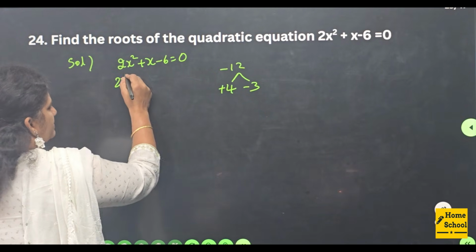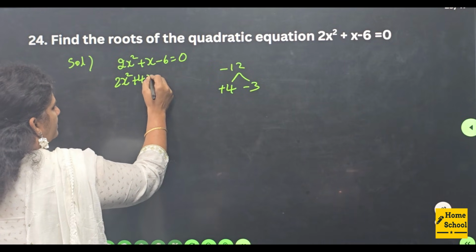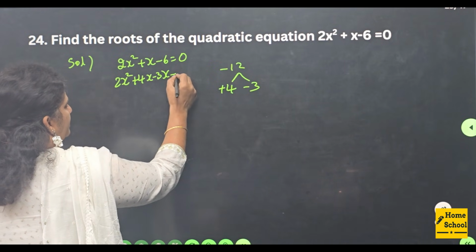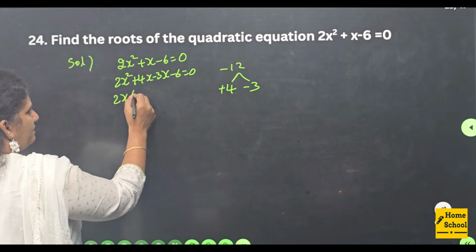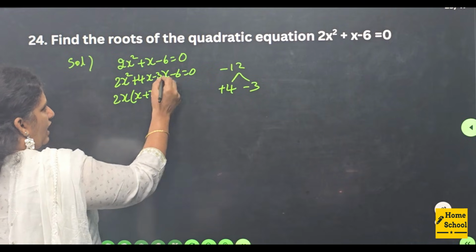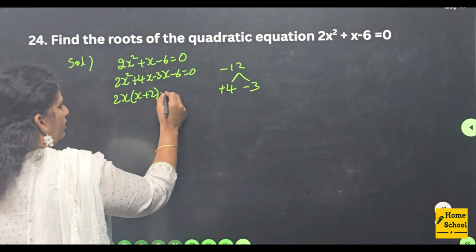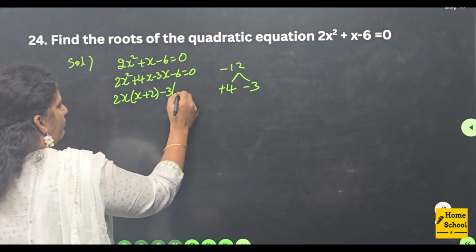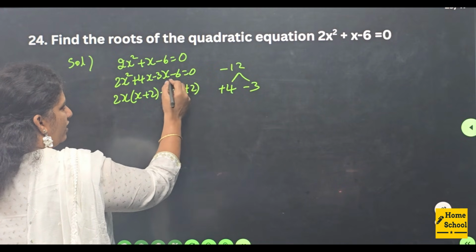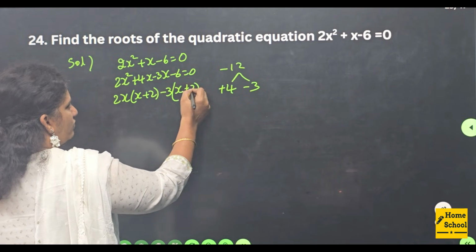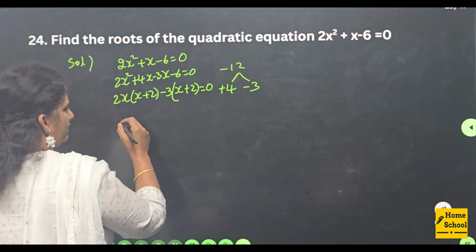Therefore, 2x square plus 4x minus 3x minus 6 equal to 0. Take out 2x common, x plus 2. And here you can take out only 3. Minus 3 if you take out, x plus 2. Minus if I take out common, it becomes plus. 3 2s are 6, so 2 will be left.